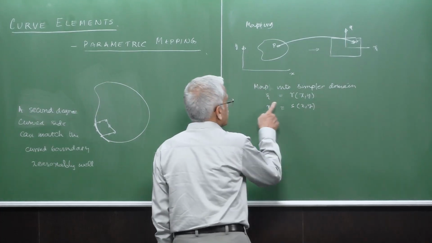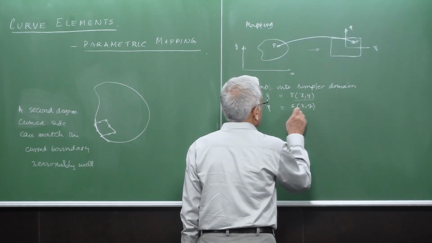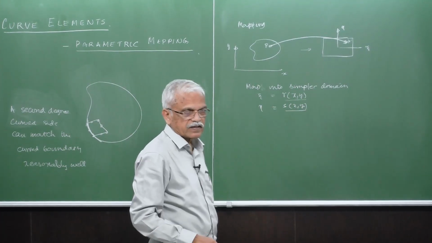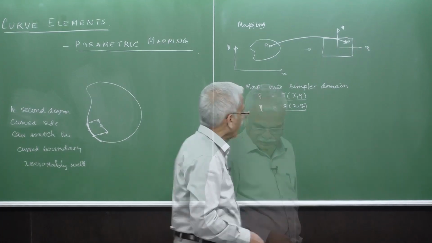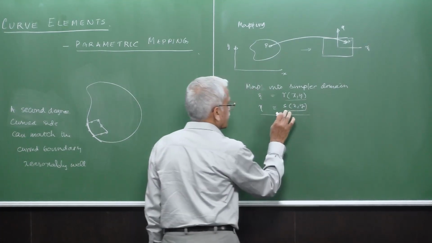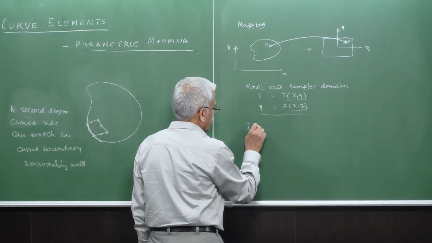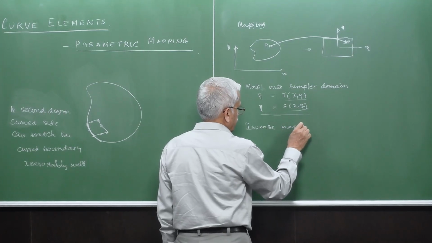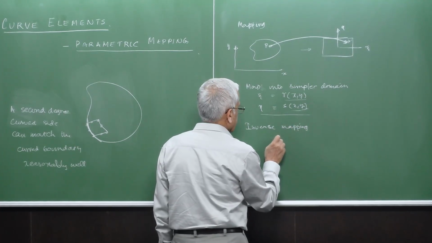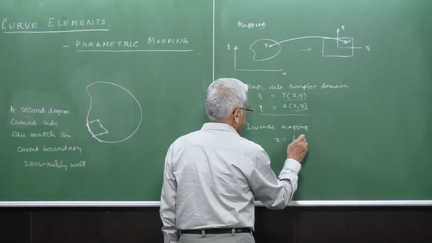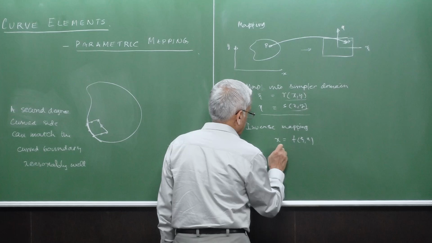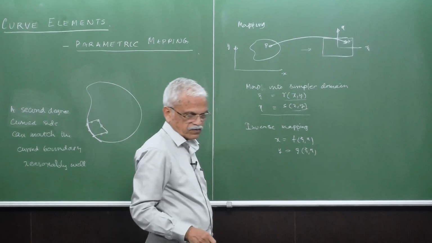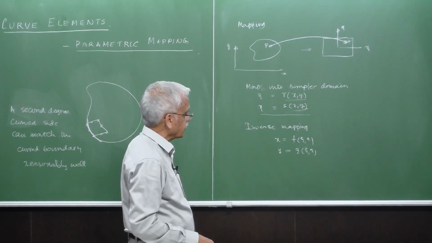If you are given functions R and S, then given xy, you can find what xi eta should be. And if the inverse function exists, we have the inverse mapping of the same thing, so we can say that x is equal to f of xi eta.